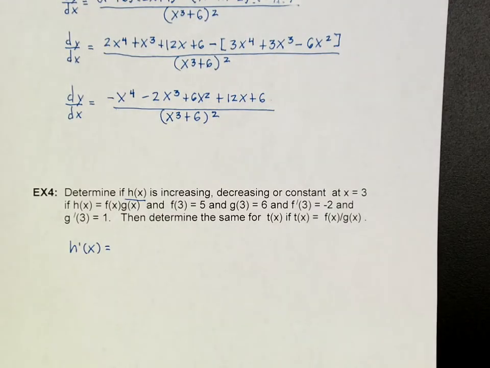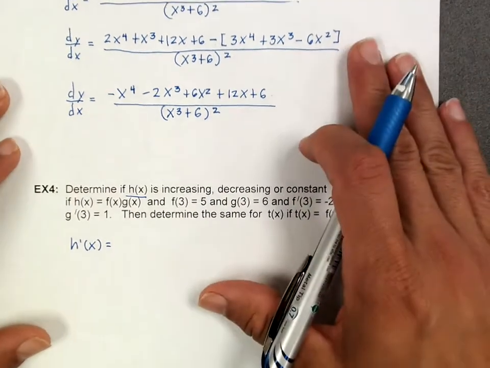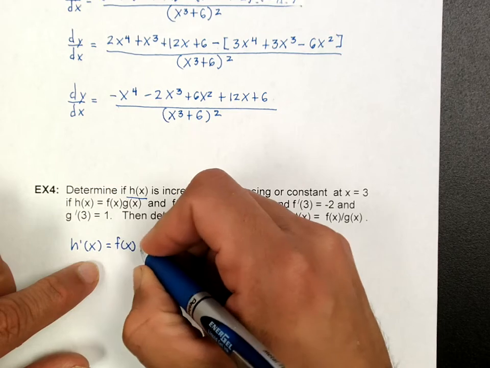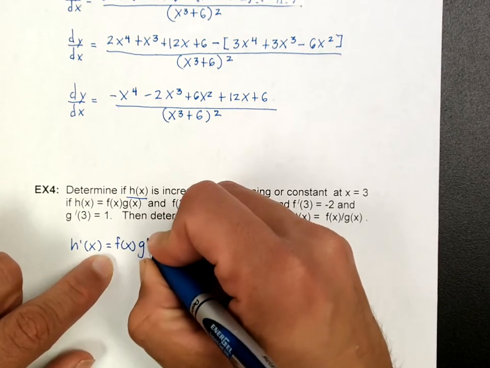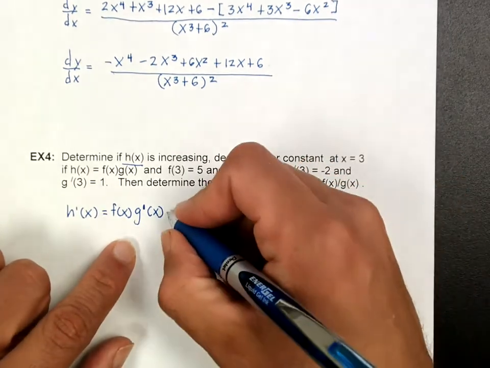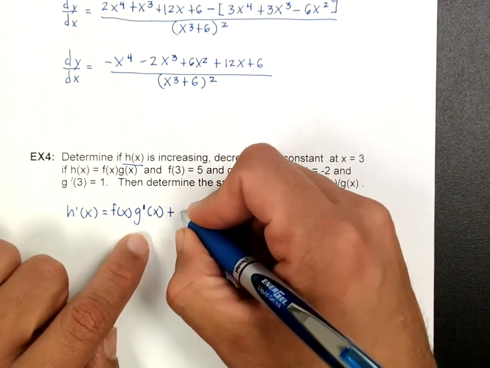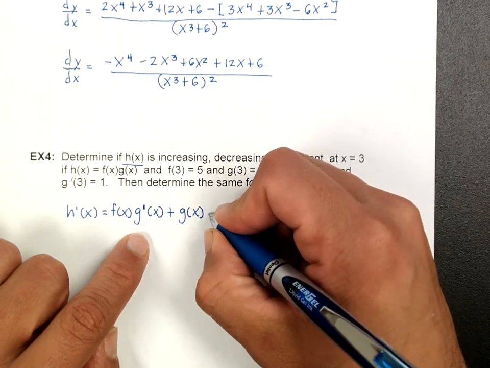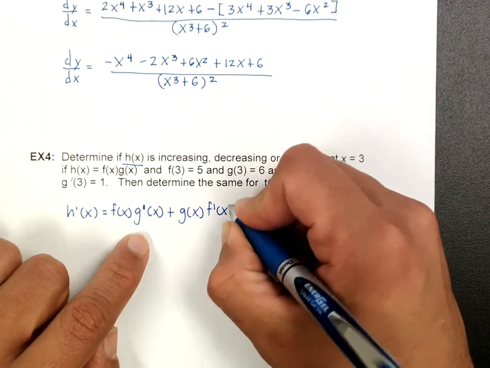All right, so this right here would be f of x, the first, times the derivative of the second. And now, since we don't know what g of x is, that's fine. We're just going to call that g prime of x. All right, plus g of x times the derivative of f of x, which is f prime of x.